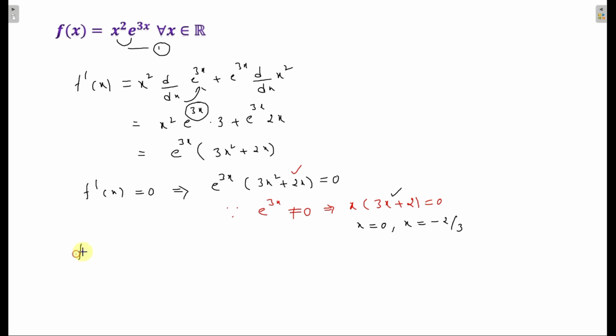Now find the second derivative, f double dash x. Differentiate this function with respect to x on both sides. Again I am using the product formula.